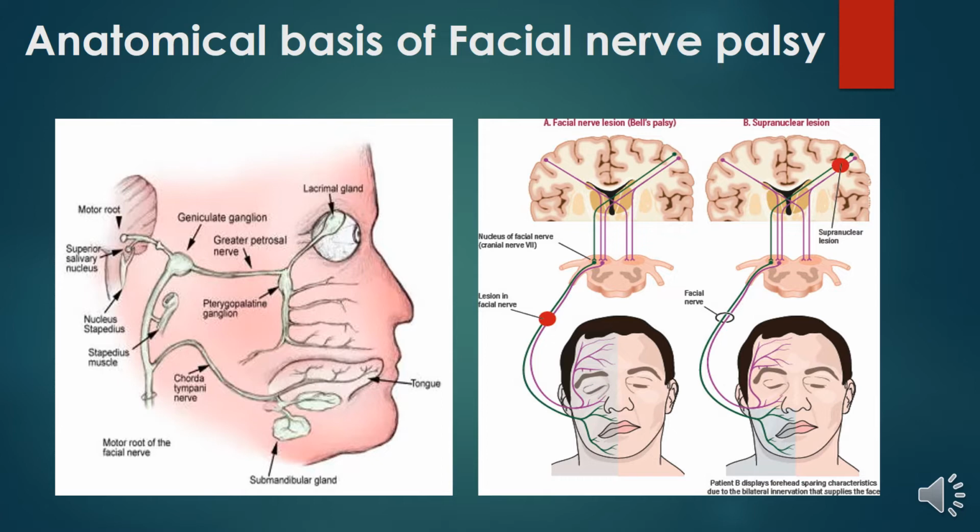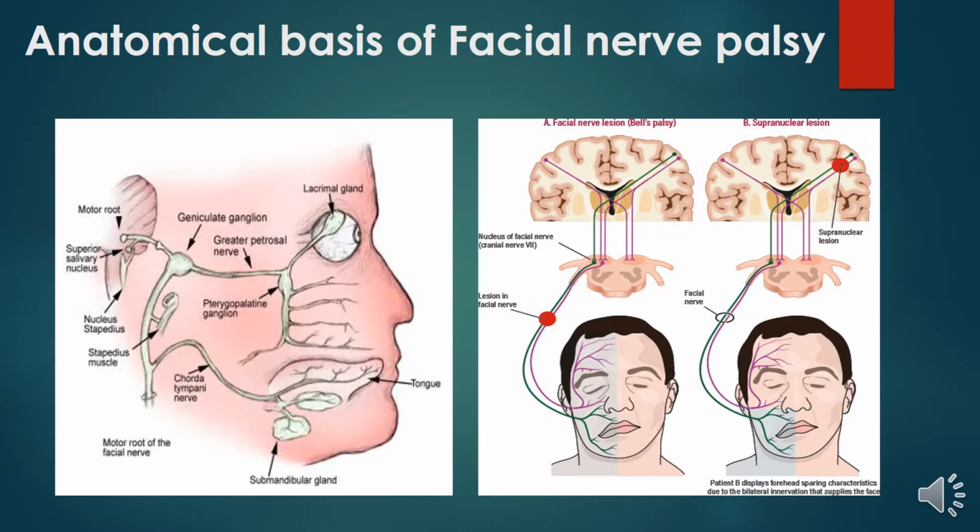So in case of lower motor neuron or infranuclear lesion of facial nerve, known as Bell's palsy, it affects the upper as well as lower quarter of the same side, that is ipsilateral side. So the first symptom is facial asymmetry due to unopposed action of muscles of the opposite side.